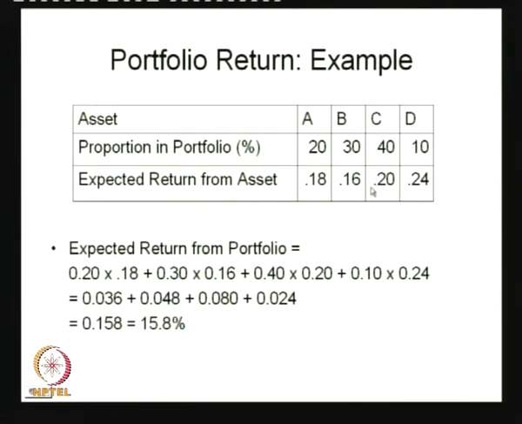But instead of that, because I may feel that asset C may actually go up or come down, there may be more risk involved. So, to diversify, to have a minimum return, some assured rate of return, instead of putting all money into one asset C, I now put money into 4 different assets, and that combination gives 15.8% as the return expected from the portfolio.